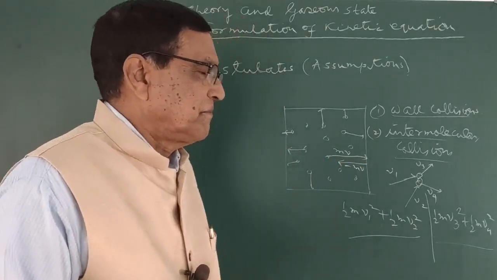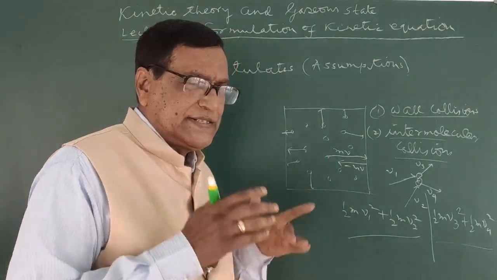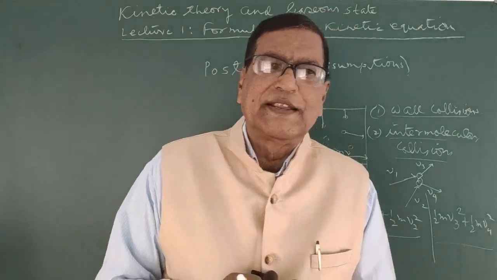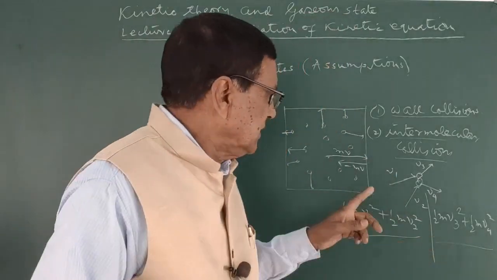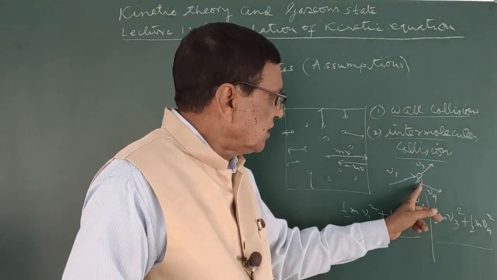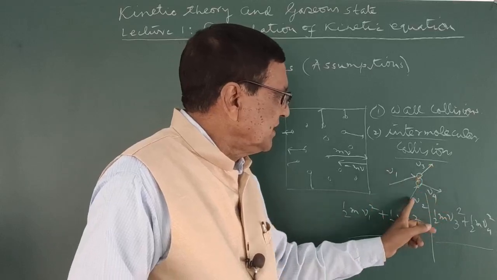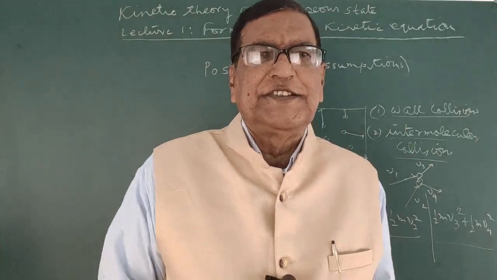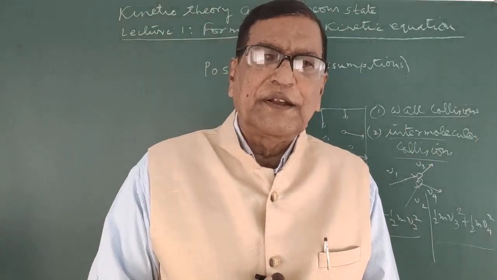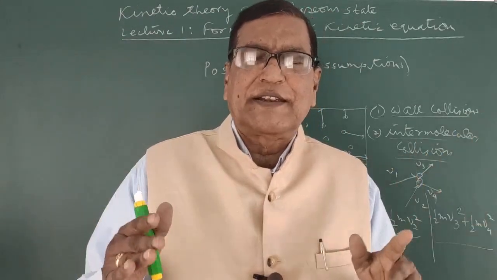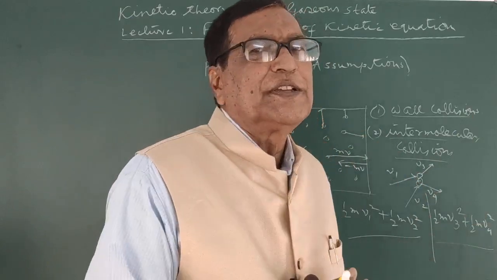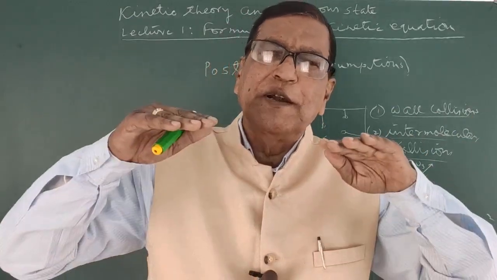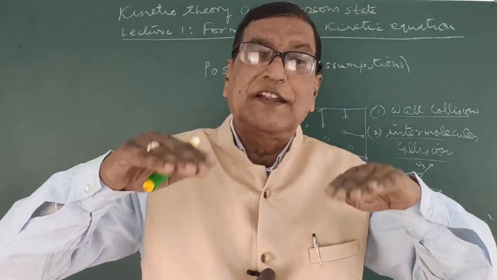So the last one, the seventh postulate, is that due to the intermolecular collisions, the velocities are changing, and you will be surprised that per cc of this gas per second, at least 10 to the power 27, 28 collisions occur.